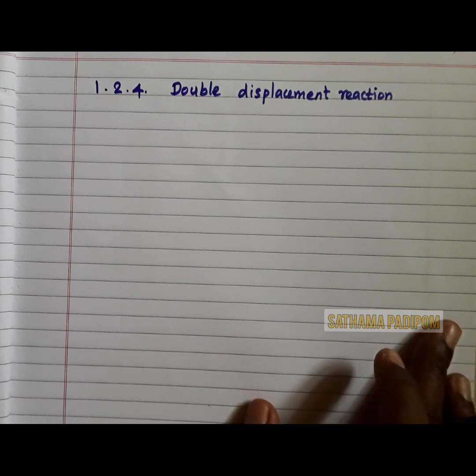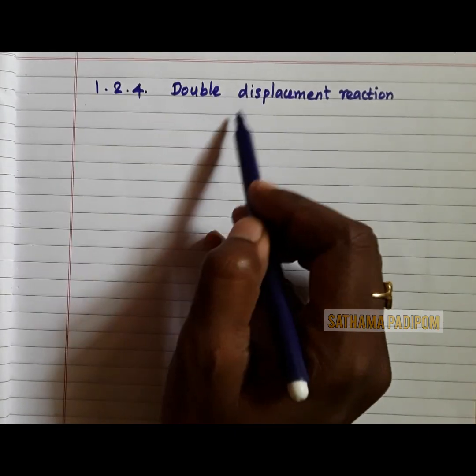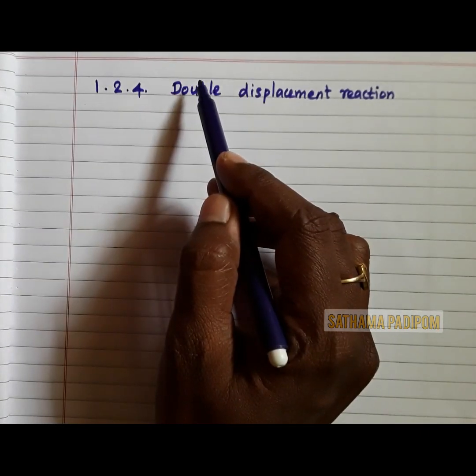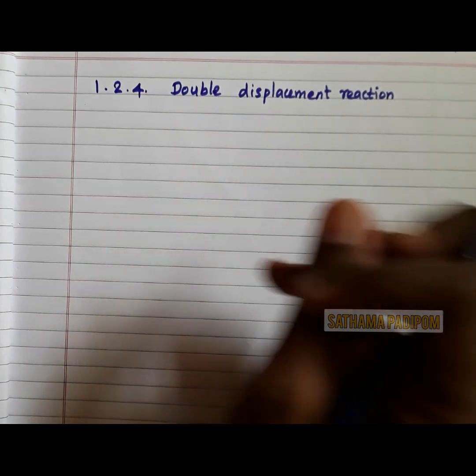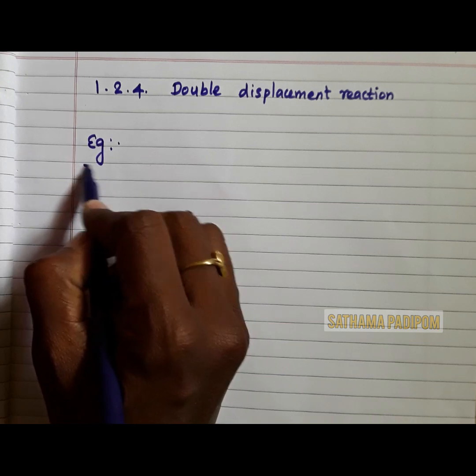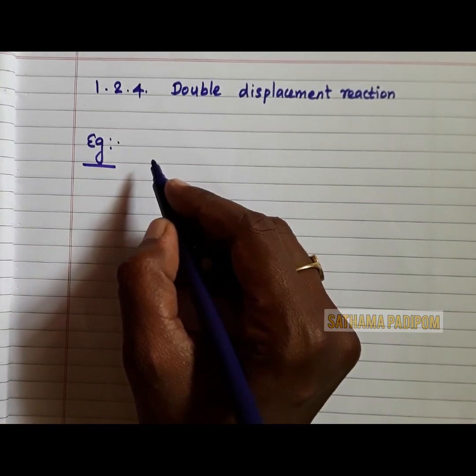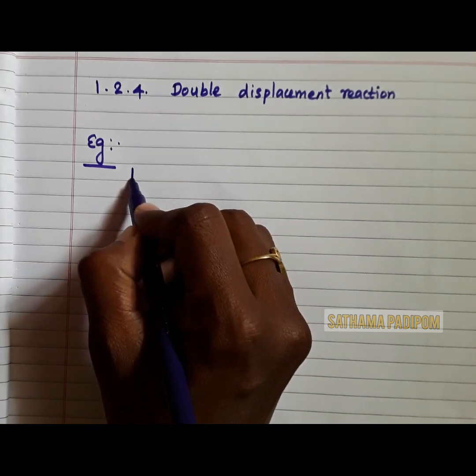Today we are going to discuss double displacement reaction. So here two things are going to displace. How does it happen? The example for the double displacement reaction: sodium sulfate. How will you write the formula for sodium sulfate?